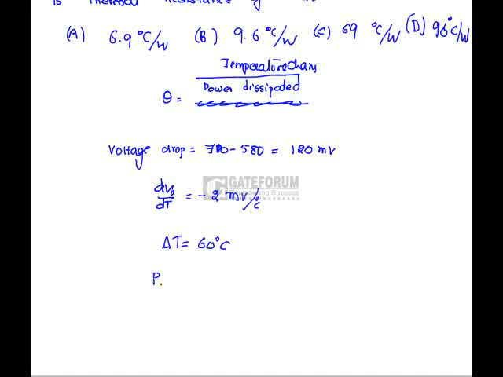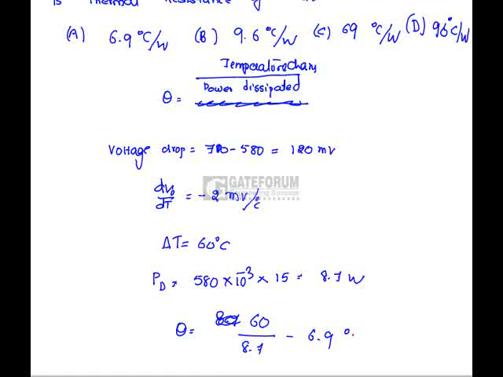The power dissipated is 580 millivolts into current, that is 8.7 watts. Hence thermal resistance is 60 degrees centigrade by 8.7, which is 6.9 centigrade per watt, which is option A.